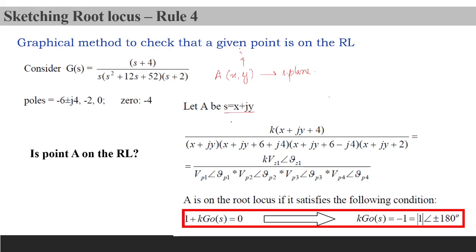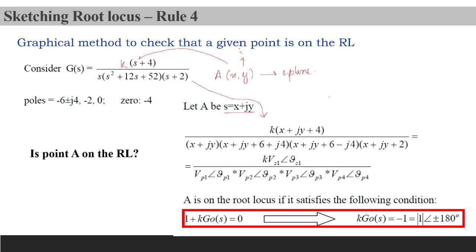So what I do is I take this plant function, and I say there is a value k associated with it as a proportional gain. I can substitute the values of this point in the place of s, so I'll have x plus jy wherever s appears, and I'll eventually get this result.